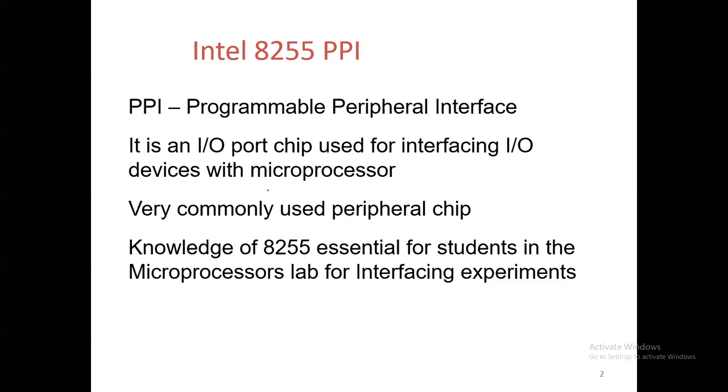Interfacing IO devices with the microprocessor. It is a very commonly used peripheral chip, and knowledge of the 8255 is essential for students in this microprocessor lab for the interfacing experiments. Interfacing experiments must need the 8255. Okay, clear? Yes, sir.